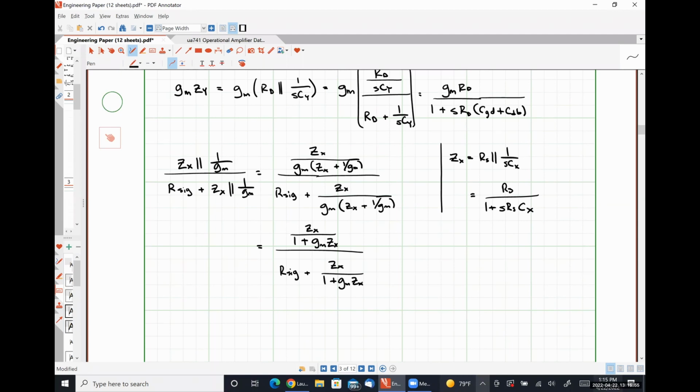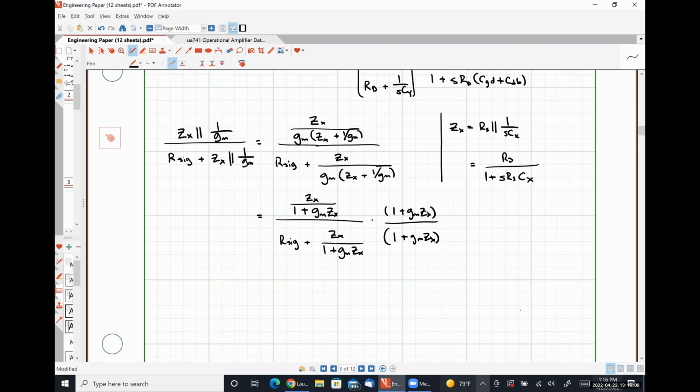And I'm going to multiply through by a factor of 1 plus GMZX over 1 plus GMZX, which gives me ZX divided by ZX plus R sig times 1 plus GMZX.